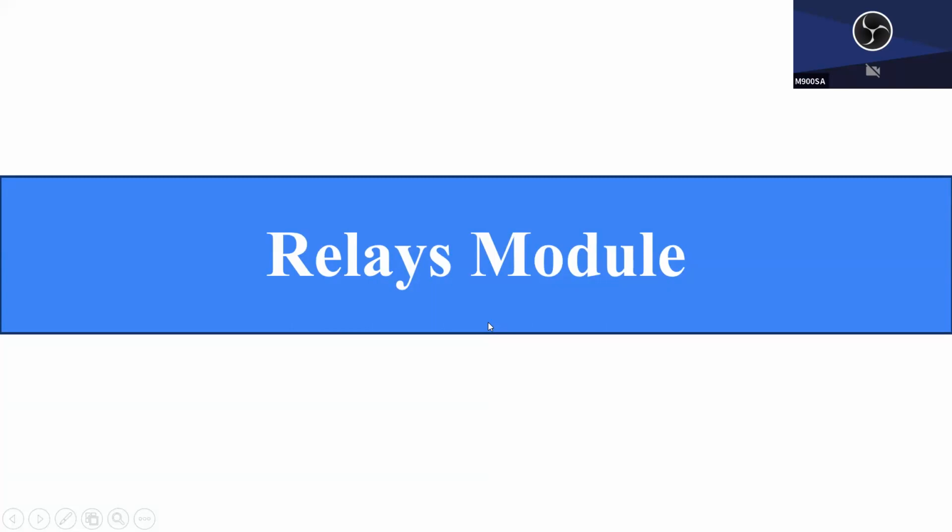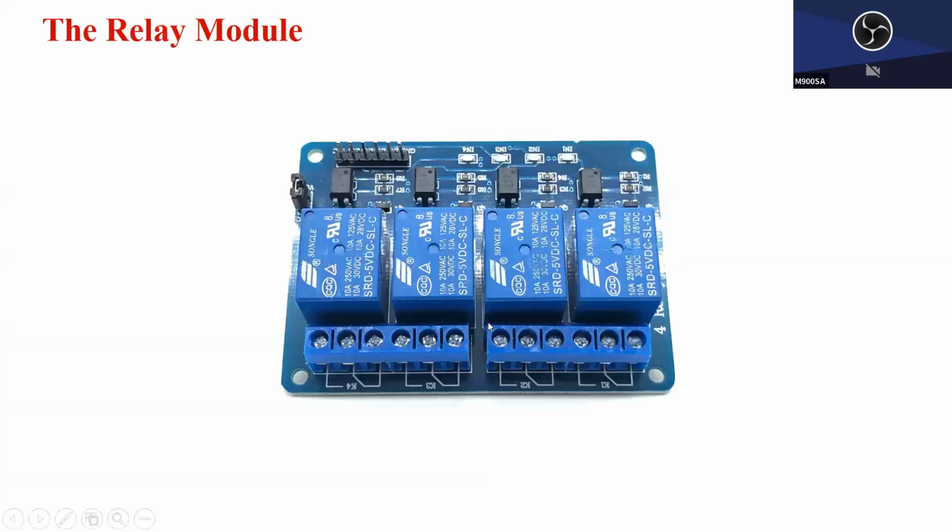You can open it to see the inside. Thank you, TA. So you will see your electrical devices like this one. Electronics. If you have opened it, you can tell me.